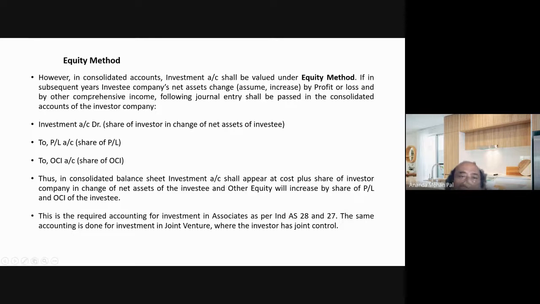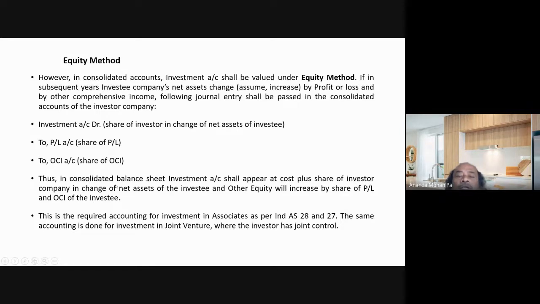If in subsequent years the investee company's net assets change, assume increase by profit or loss and by other comprehensive income, the following journal entries shall be passed in the consolidated accounts of the investor company. Investment debit to profit and loss, share of profit and loss, to other comprehensive income, share of other comprehensive income.